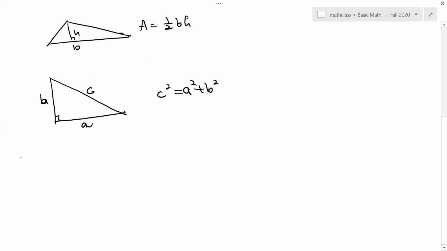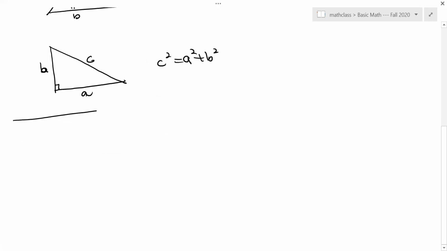Now we are going to study 3D objects. The simplest one is called a rectangular box, also called a prism. It's drawn like this. In 3D geometry, you have to draw it.